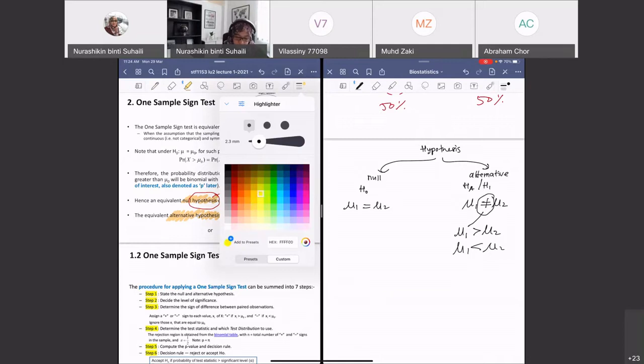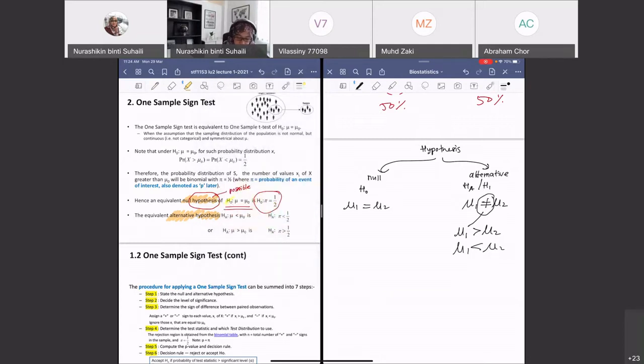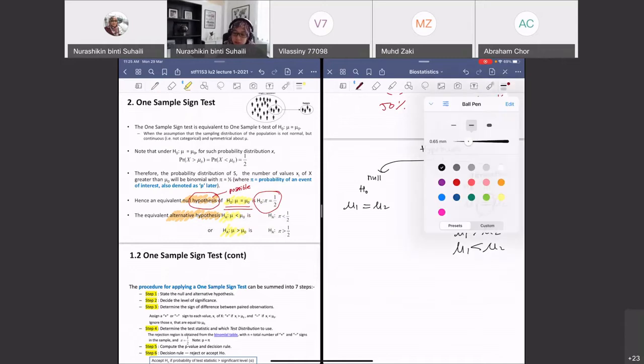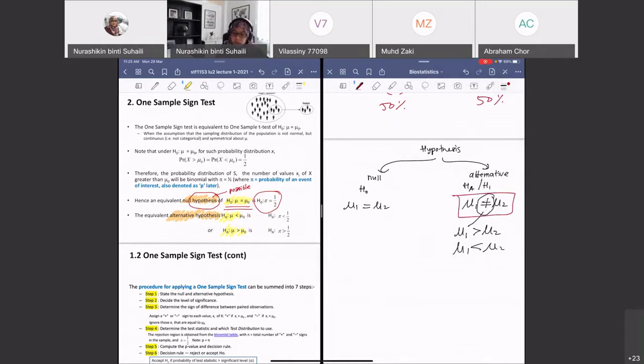That's how you develop the hypothesis for sign tests. You have to identify the things that you are comparing. You assign the symbols. And for the alternative hypothesis, it can be these two situations, or if you don't put it, you can just mention in general not equal to. So that is alternative hypothesis.